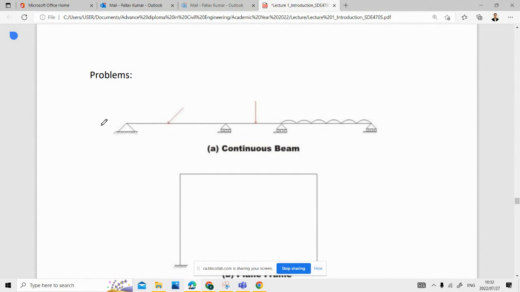Once you finish, type your answer in the chat box. I is 2 minus 3.